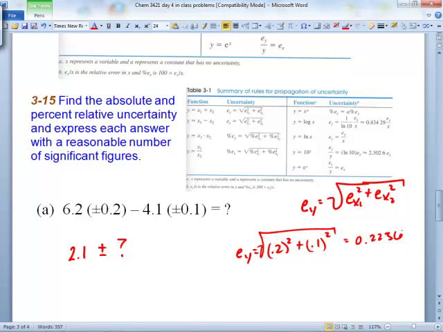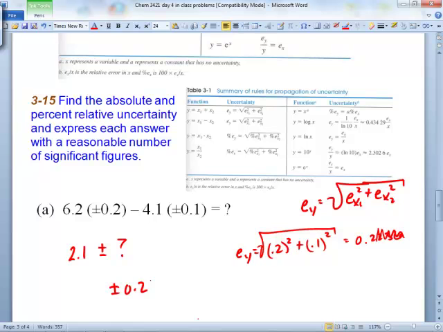Okay, so did anybody see what I did here? Now this is not right. What should I report it to? 0.2. So did I report the measurement correctly? This part has to be plus or minus 0.2.